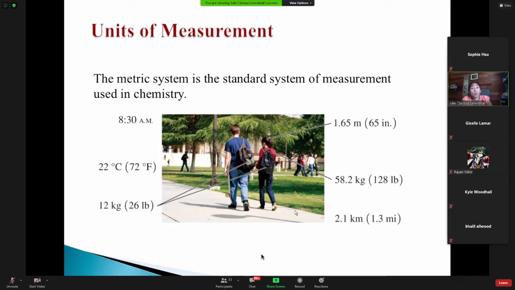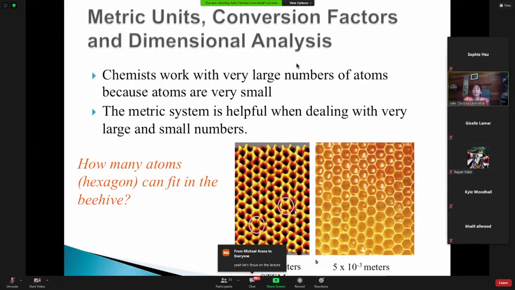Okay, so measurements. We talked about writing numbers big and small with scientific notation. We also talk about measurements in the metric unit, in the British units, and we talk about here, the next slide, how the units work when we collect data. You look at these two pictures, if you don't know anything about it, you would say that these hexagons are the same size. But on the bottom of the picture, it shows that, what does it show?